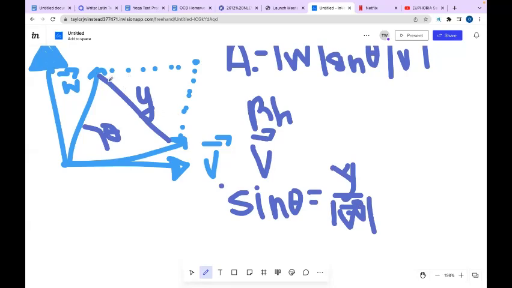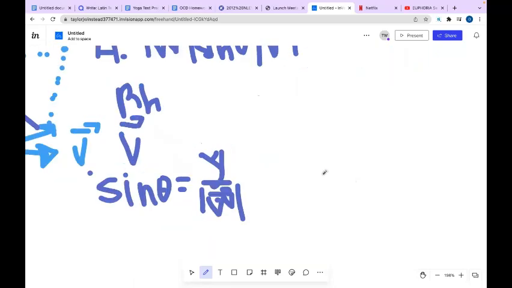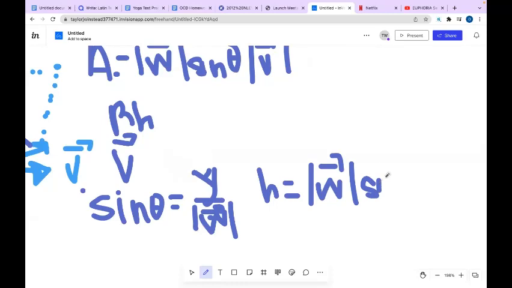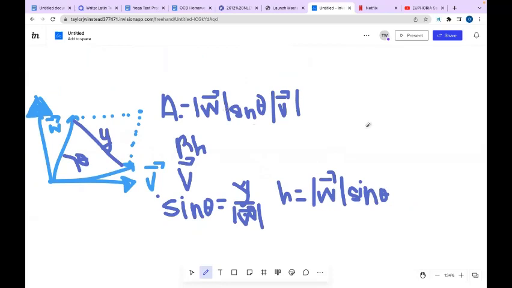So the opposite over the hypotenuse, which is this side. If that's true, then we can multiply by the length of W on both sides, and we can say that the height is equal to the length of W times sine of theta. Well, if we know that it's base times height, and we know this is the height, then the area is going to be length of W times sine theta times length of vector V.